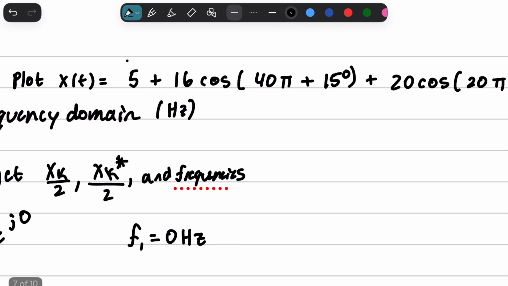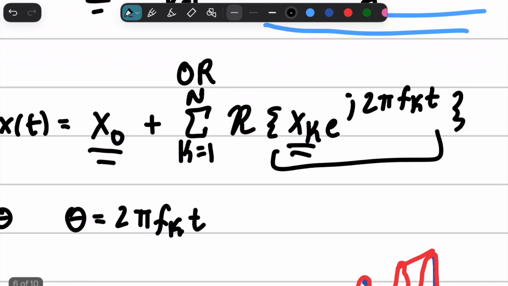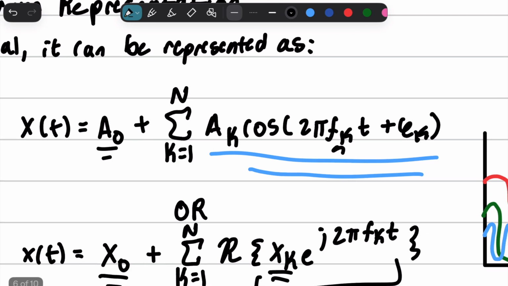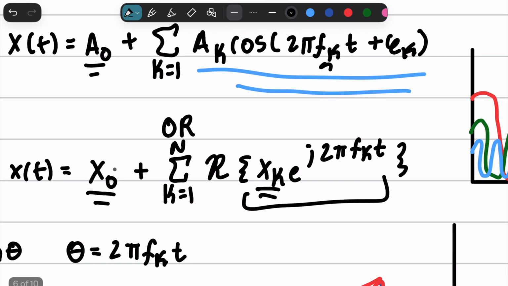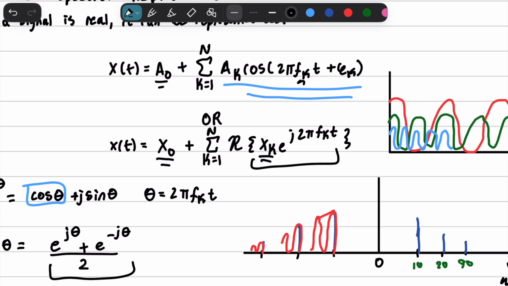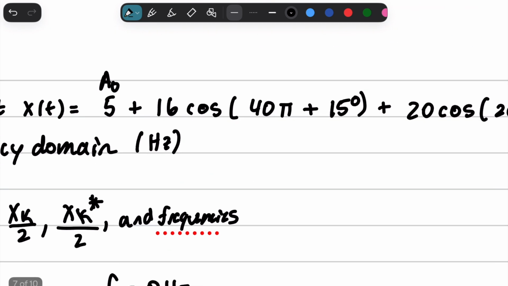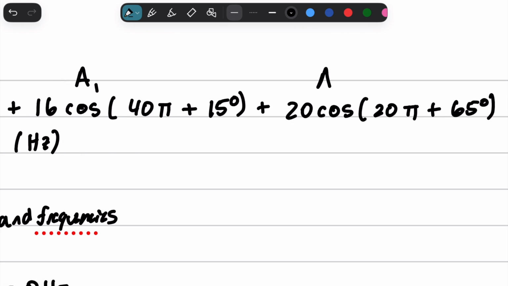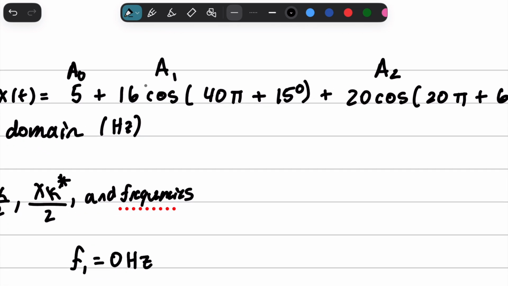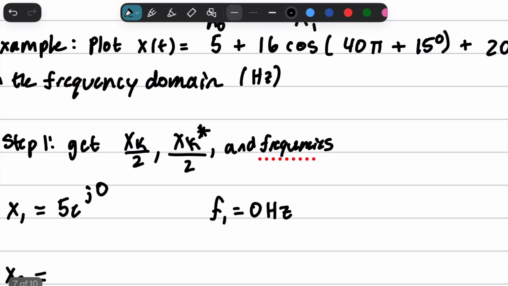We're going to call this a naught, right, to be in line with our notation right here, this a naught right here. Technically, well, no, it would still be a naught in this case. And then we want to find this x sub k right here, and this is a1, and this is a2, and we want half of the complex phasor and half of the complex phasor conjugate.